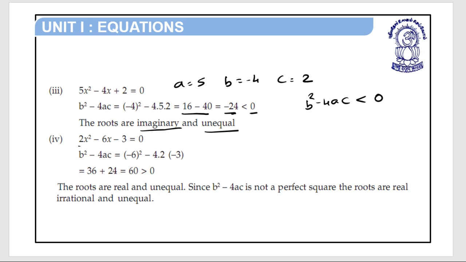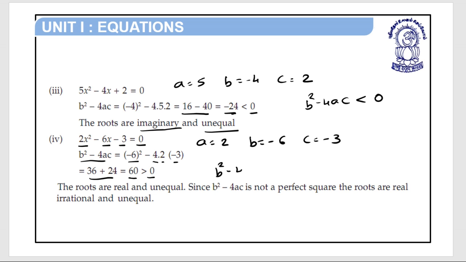Now next one is 2x square minus 6x minus 3 is equal to 0. So A is equal to 2, B is equal to minus 6, C is equal to minus 3. So B square minus 4AC: minus 6 square minus 4 into 2 into minus 3. Here the result is 36 plus 24 is equal to 60, greater than 0.